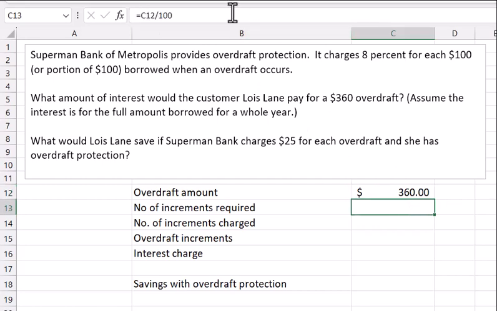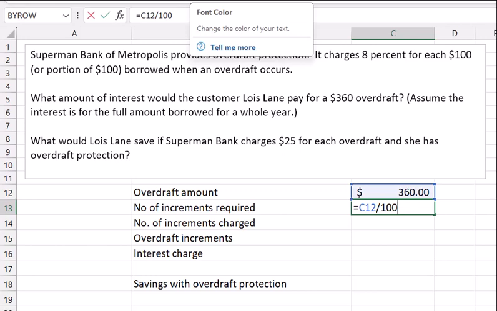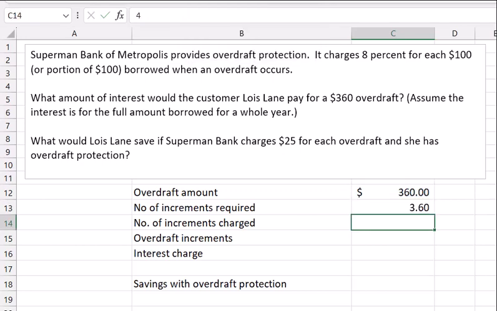Now, what's the number of increments required? Well, what we want to do here is take the value in cell C12, the overdraft amount, and divide it by 100. Okay, so the number of increments is 3.6, and that's because it charges 8% for each $100 or portion of $100.